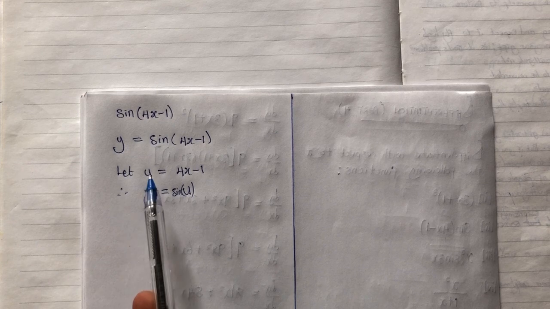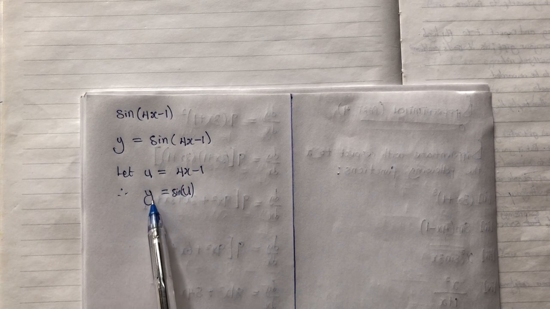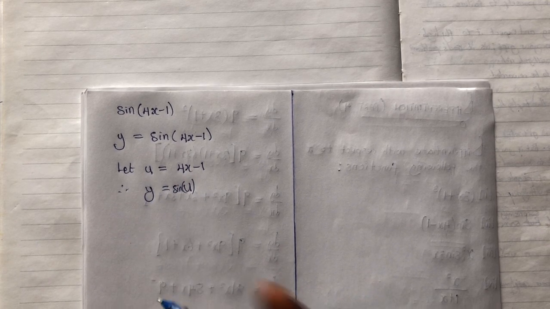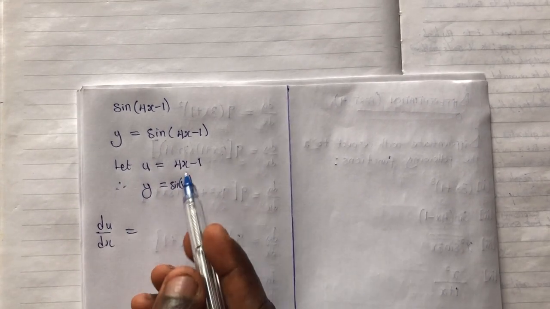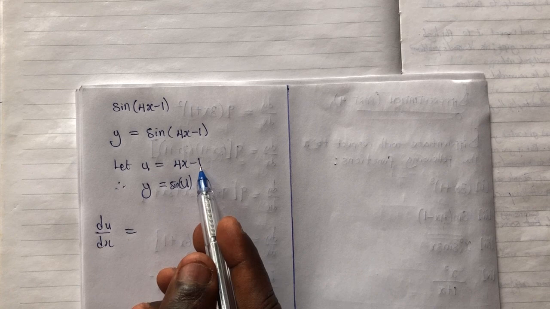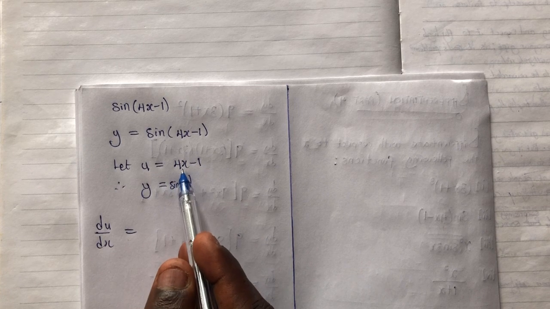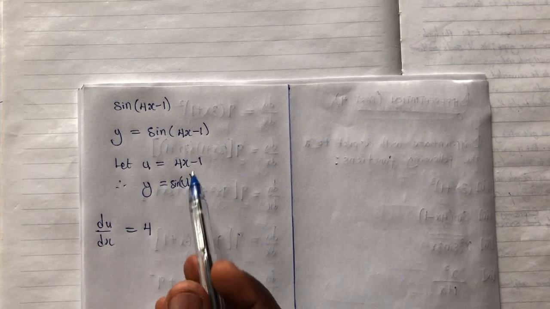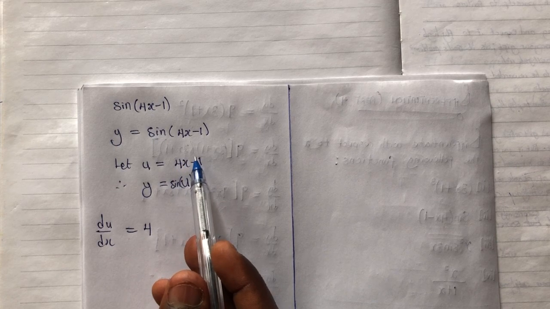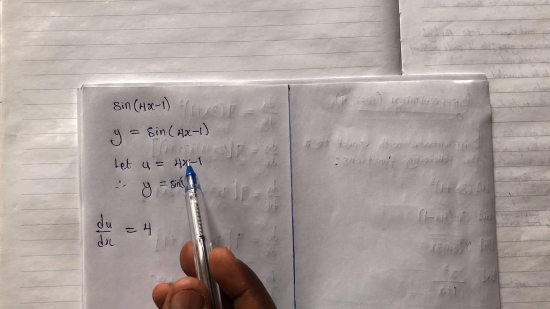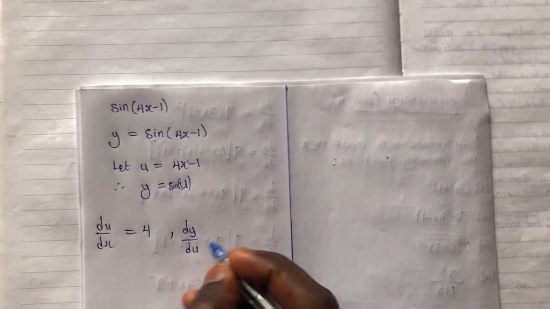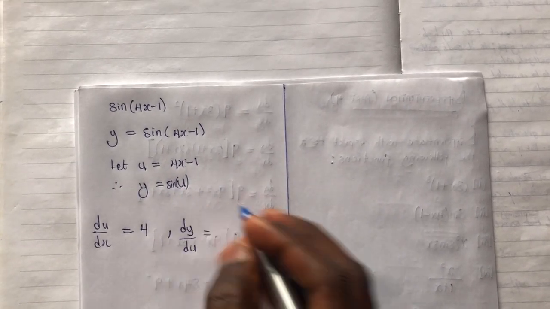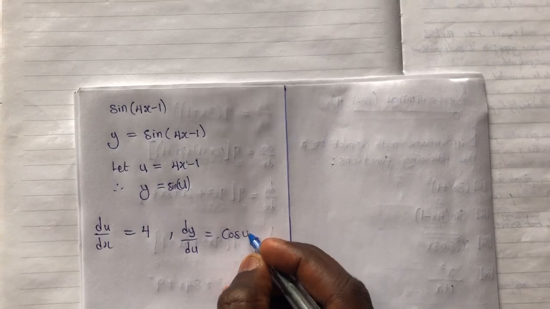So now all you need to do, differentiate u with respect to x, differentiate y with respect to u. du/dx being equal to, the differential of a constant is 0. And the differential of this will give us 4. Because 1 times 4, 1 minus 1, anything to power 0 here will give us 1. And then dy/du will give us, sine of u will give us cos u.